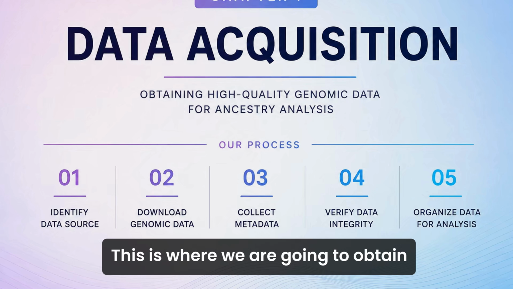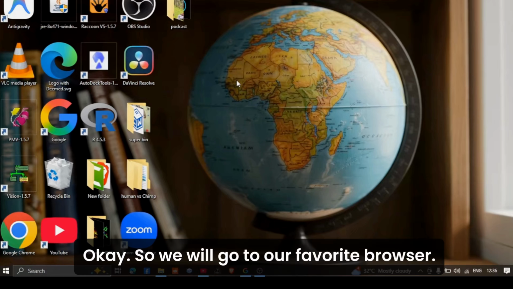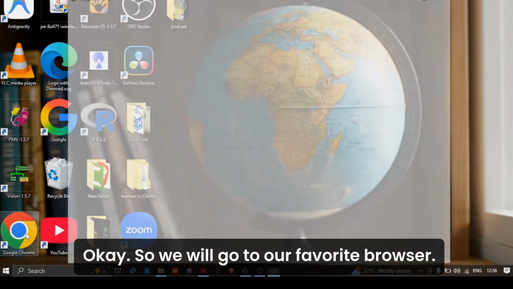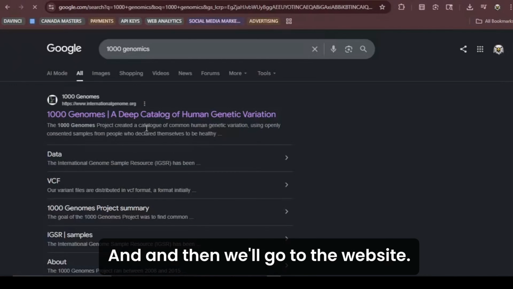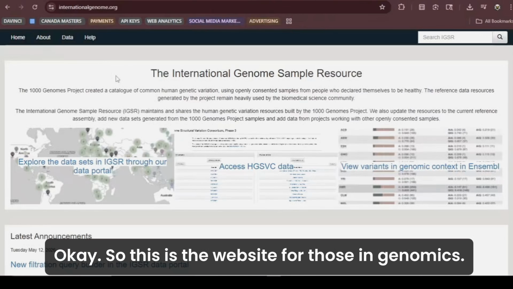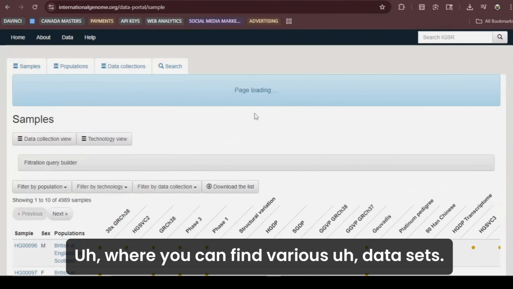This is where we are going to obtain the genomic data for our analysis. So we go to our favorite browser, search for 1000 Genomes, and go to the website. This is the website for 1000 Genomes, where you can find various datasets.